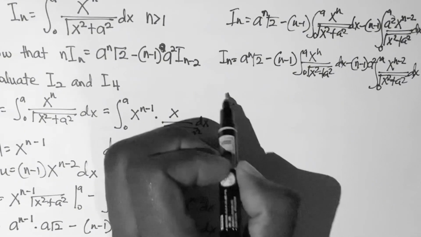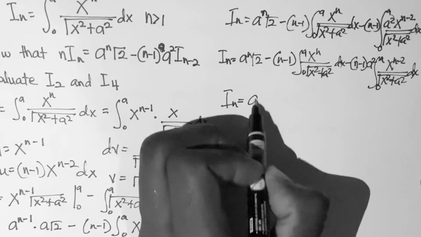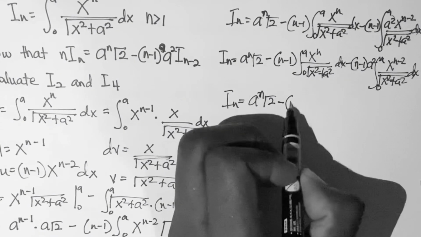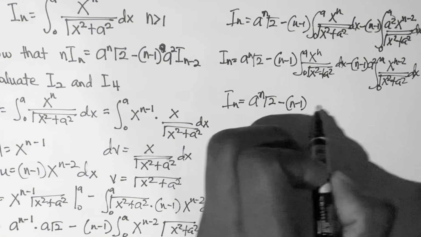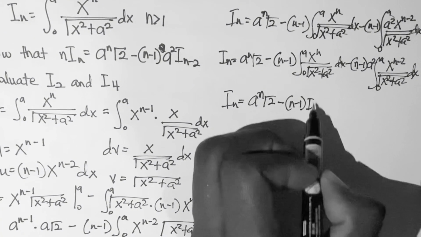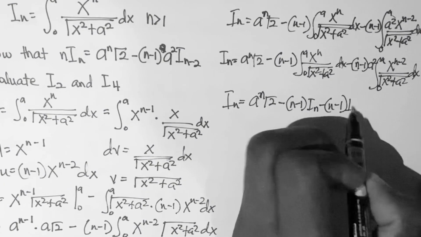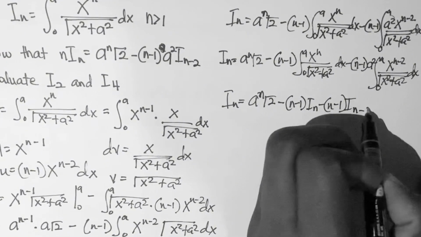So we find out that I of n is equal to a exponent n root 2 minus n minus 1. All of this becomes I of n minus n minus 1 I of n minus 2.